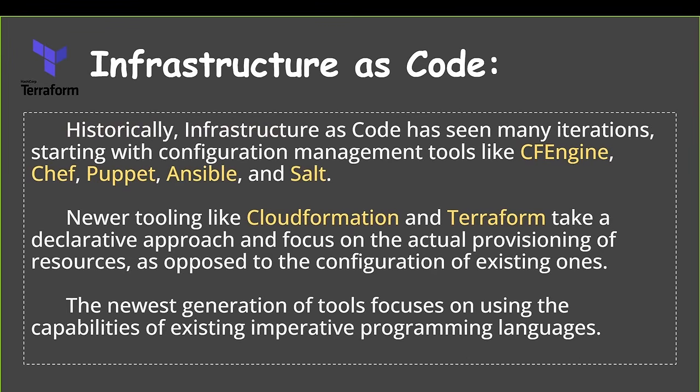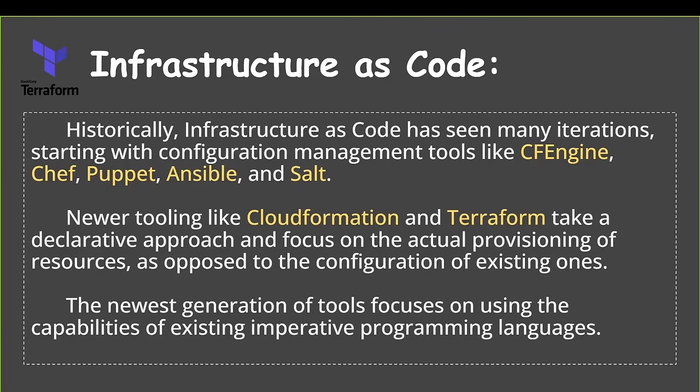Historically, infrastructure as code has seen many iterations, starting with configuration management tools like CFEngine, Chef, Puppet, Ansible, and Salt. Ansible, which we will be discussing in the later part, also has AWS related modules which can be used to create resources.